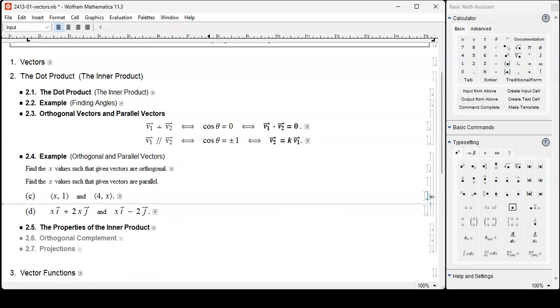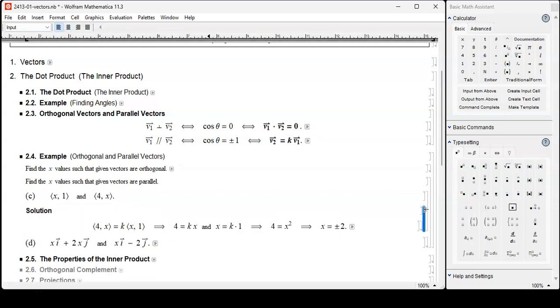That's what I did: 4 equals x squared, so x is plus or minus 2 instead of looking for k and then coming back. So this solution is a little bit more efficient than what I did earlier.